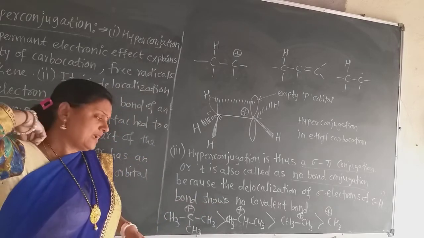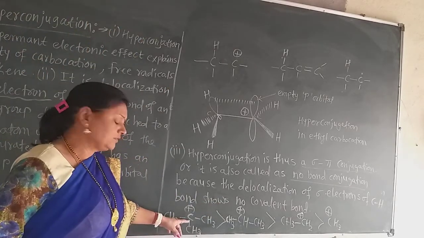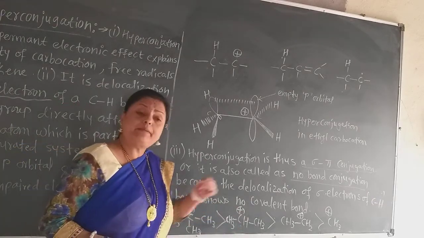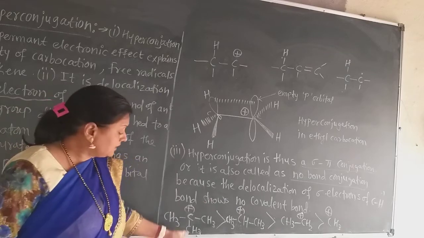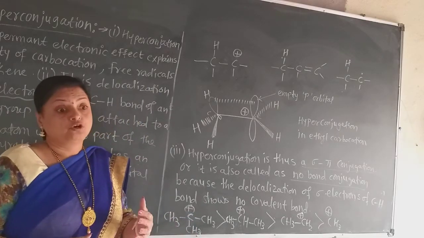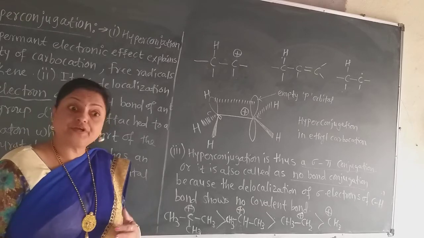Now see here, as the type of carbon atom is tertiary, secondary, primary, the carbon having more alkyl groups shows more hyperconjugated structures.